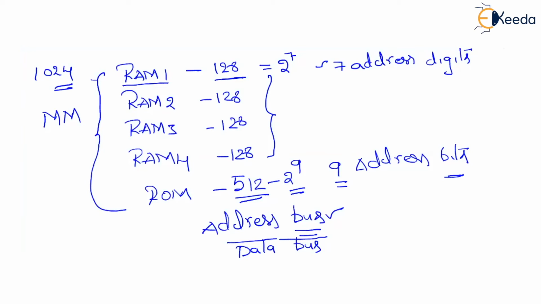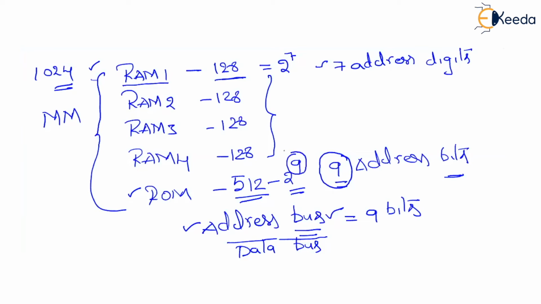Now what we do is, we will take this size. Address bus should be equal to 9 bits, because by using a 9-bit address, I can either communicate with ROM or communicate with RAM. Now try to understand, we need to pick a size for designing the address bus for the system. Since the address bus is going to represent both RAM and ROM, we need to take the maximum size. The maximum size is here, the 9 digits, right?